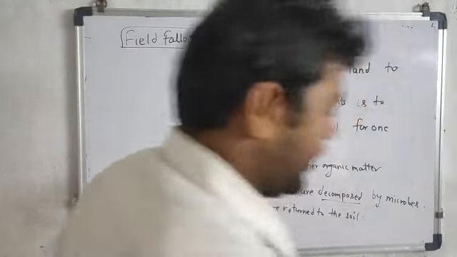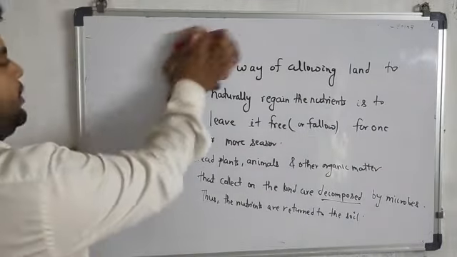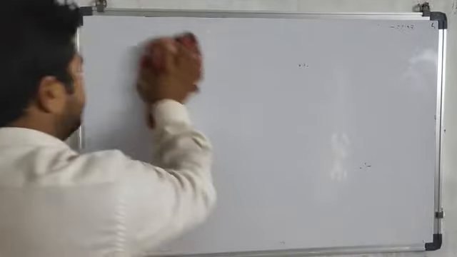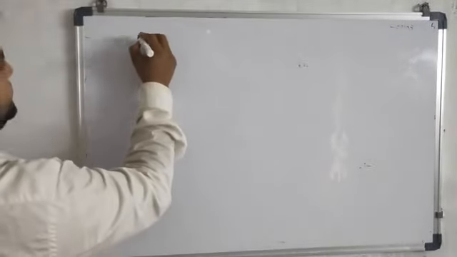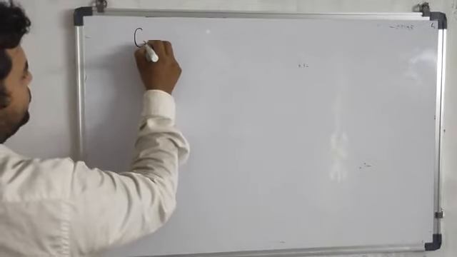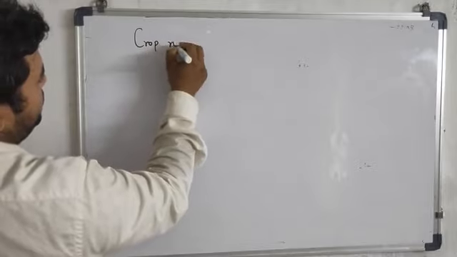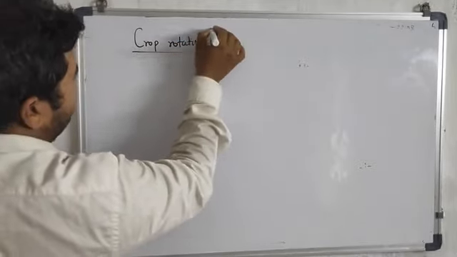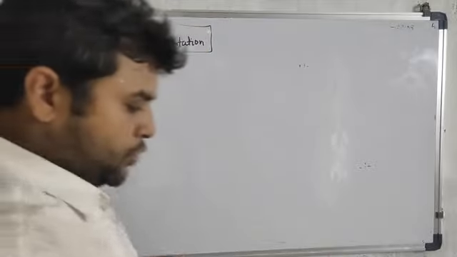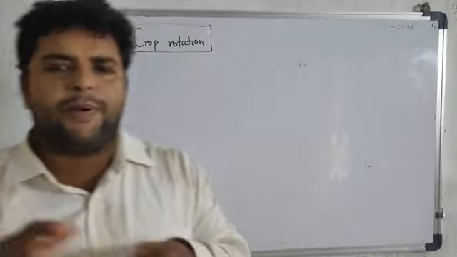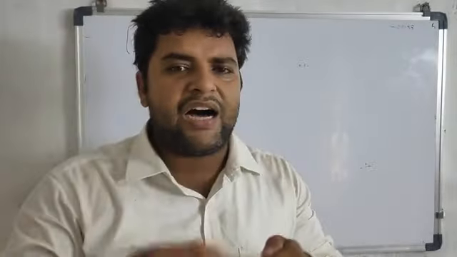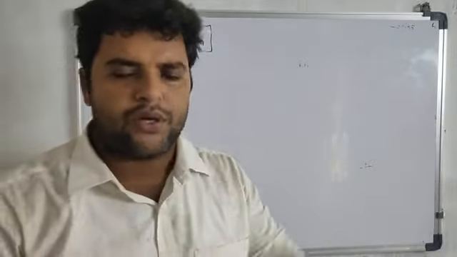Now we are going to discuss the second method, that is crop rotation. It is a basic method in which we rotate the crops.